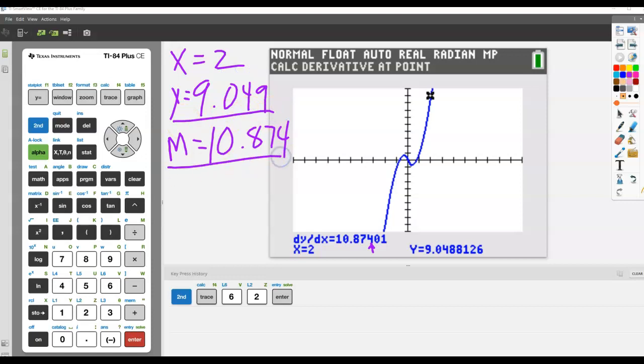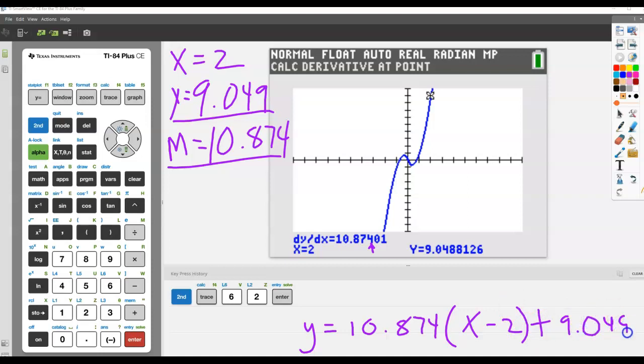We know this is the m value, which means that I also know now that the equation of this line would be as follows. y equals 10.874 parentheses x minus 2 plus 9.049.